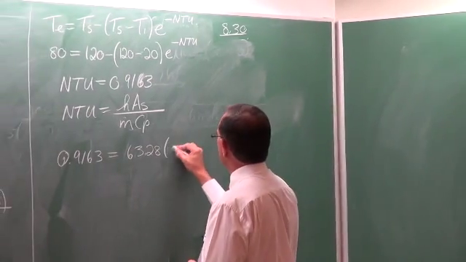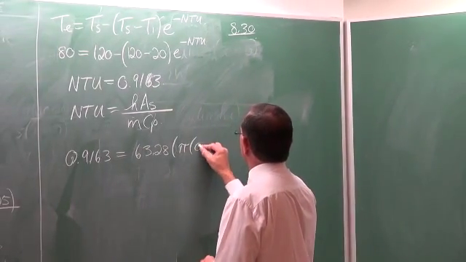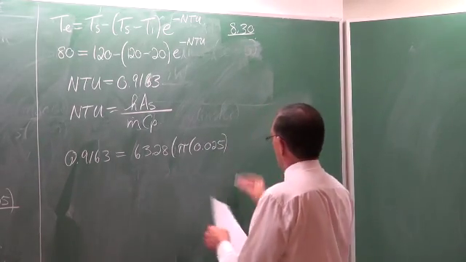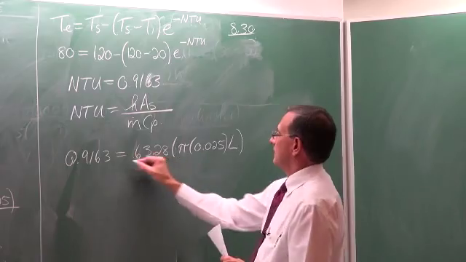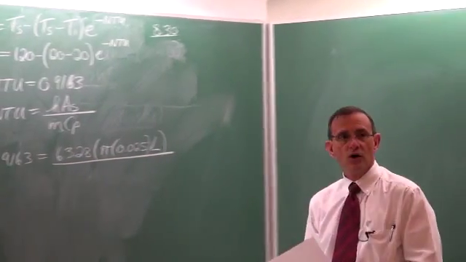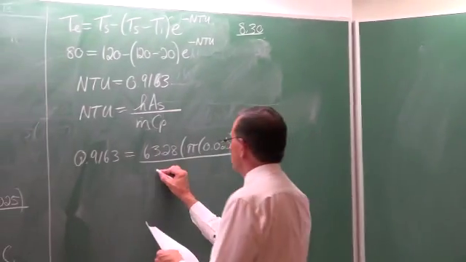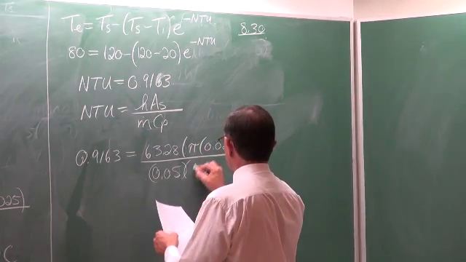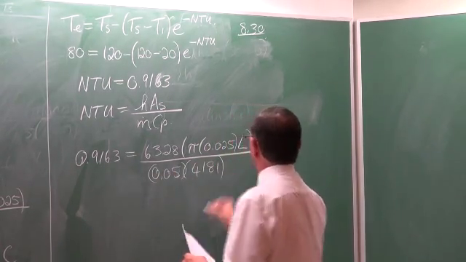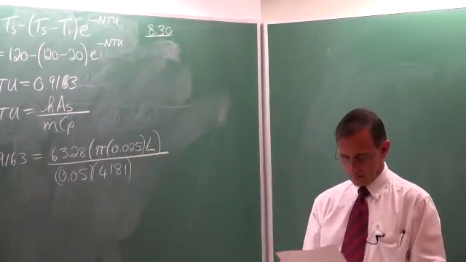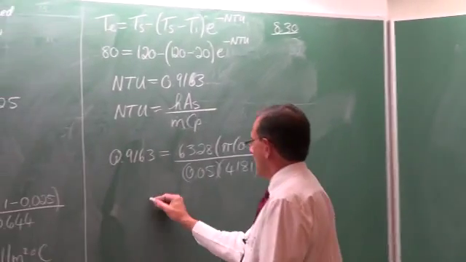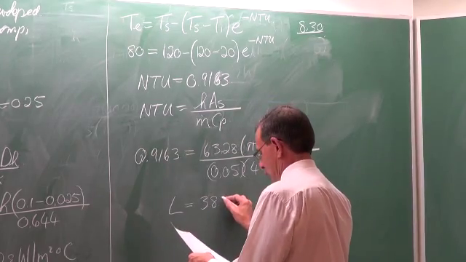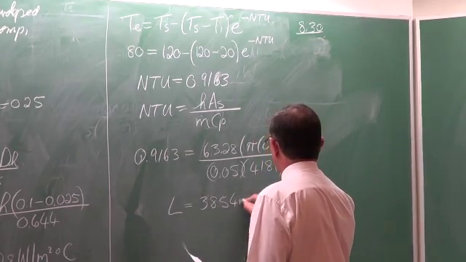The surface area is pi multiplied by the diameter multiplied by the length divided by the mass flow rate, which is equal to 0.05 multiplied by Cp, which is 4181. And from here we can solve that the length is equal to 38.54 meters.